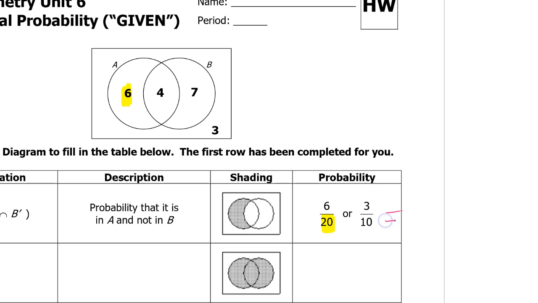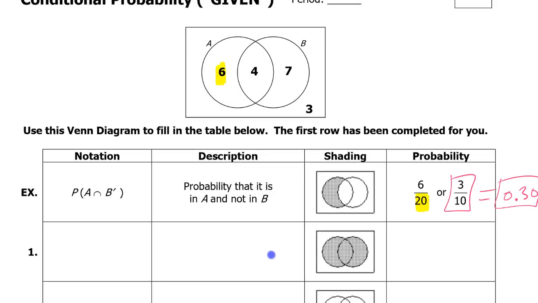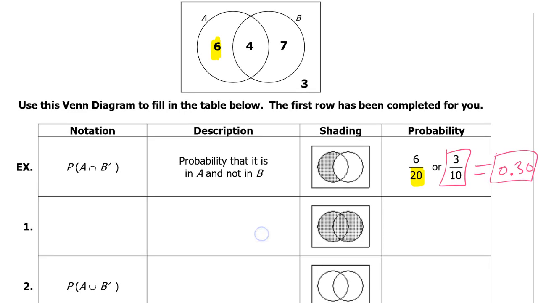So this would be the same thing as 0.3, which would equal 30%. So I'm going to tend to put all 3 forms. Now let's do the rest.